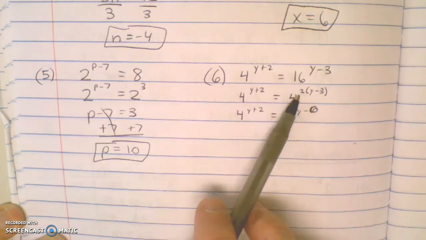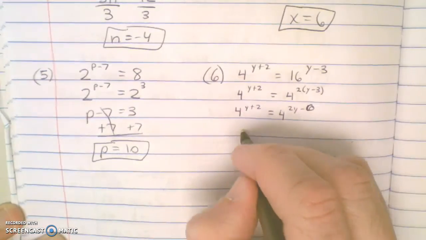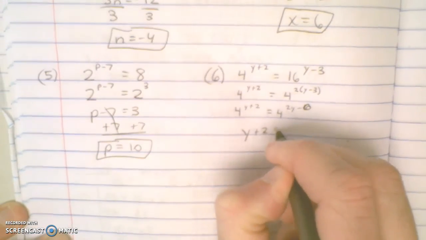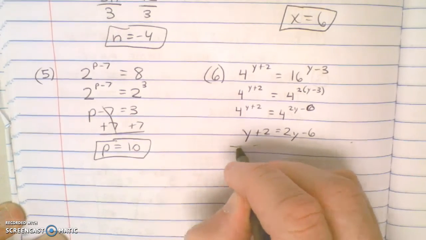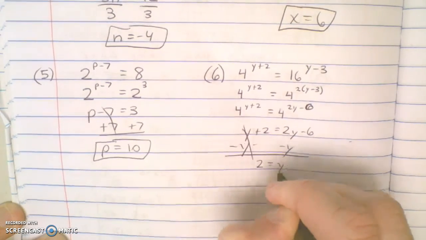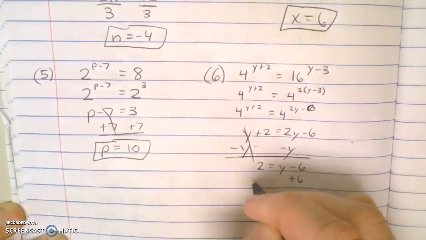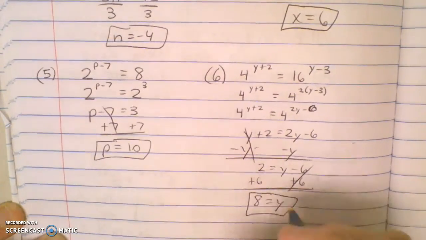So I distributed the 2 and got 2y minus 6. So I dropped the base, and then you can solve like normal. So I'll get rid of the y. 2 equals y minus 6. Add 6 to both sides. 8 equals y.